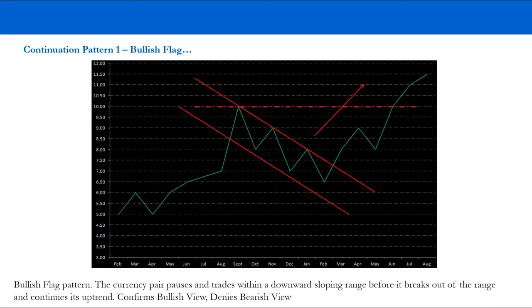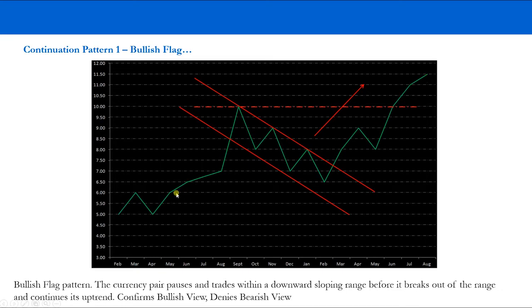Now, what about continuation patterns? Well, continuation patterns are fairly straightforward. Here we have our first one, a bullish flag. And the way this works is overall we have an uptrend. So you can see this currency pair has gone from 5 up to 1150.